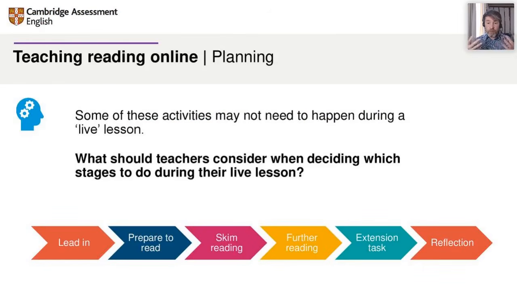So before I share some resources with you that you can use with your learners, I'd just like us to think about the questions that we as teachers should ask ourselves when trying to decide which stages of a lesson we should include within the live part of a lesson.